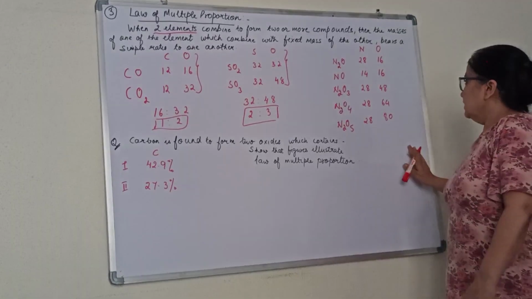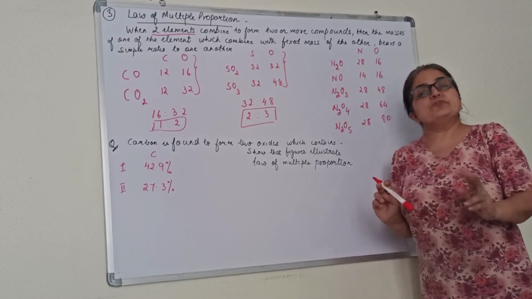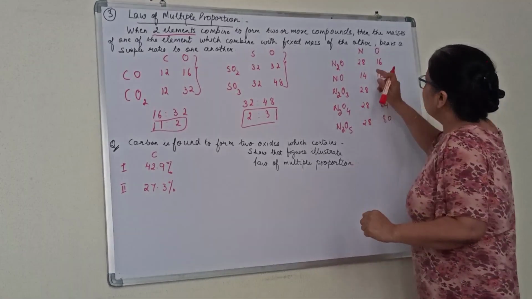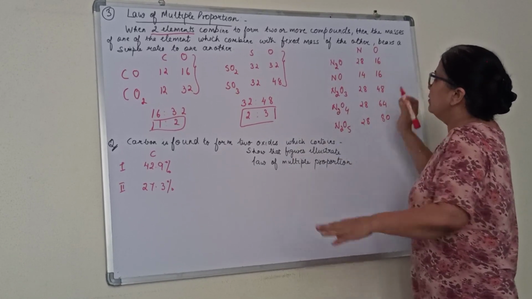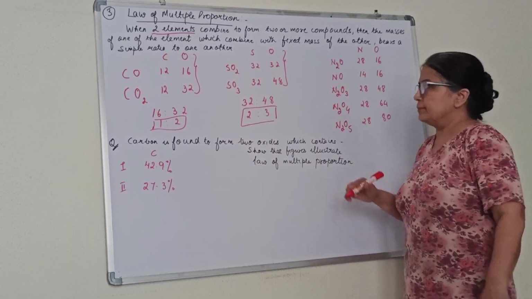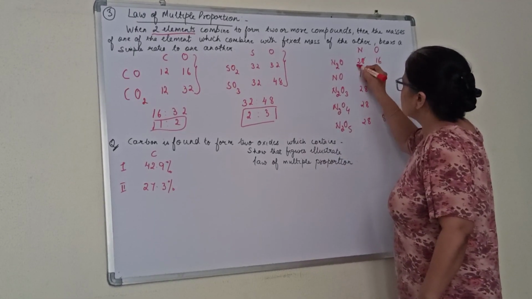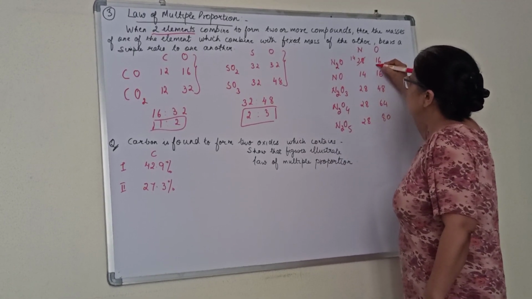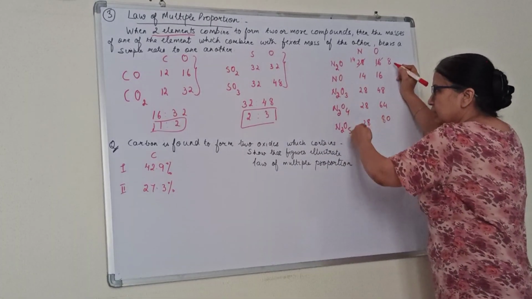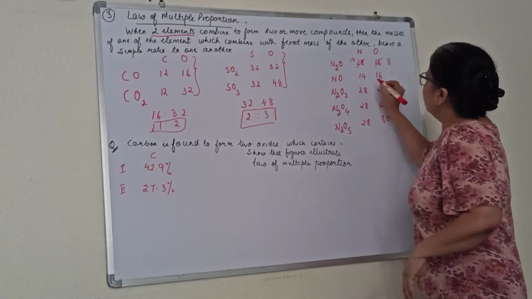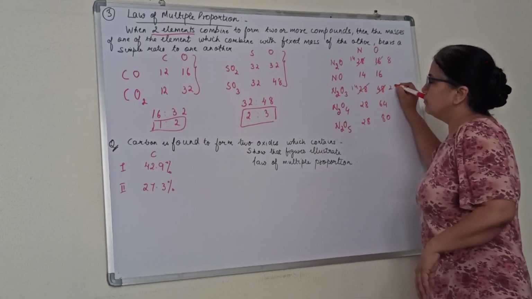Okay. Now, in this nitrogen is not fixed. What we do is we will fix it. We can make all of them 14. If I halve this to 14, what will this be? 8. This is already 14. Let me convert all into 14. Halving this to 14, this will be 24.